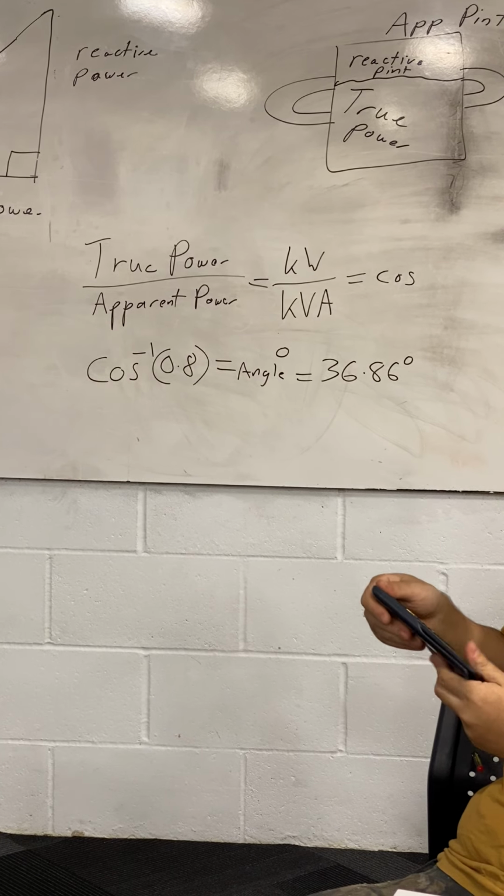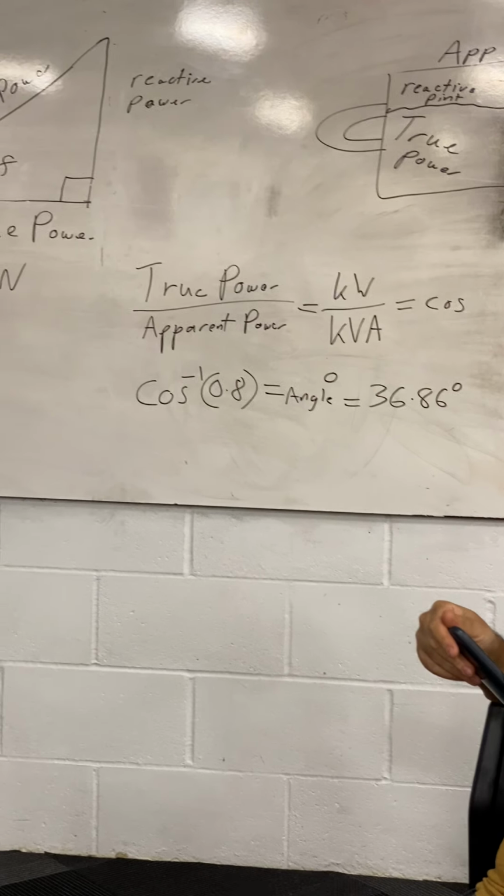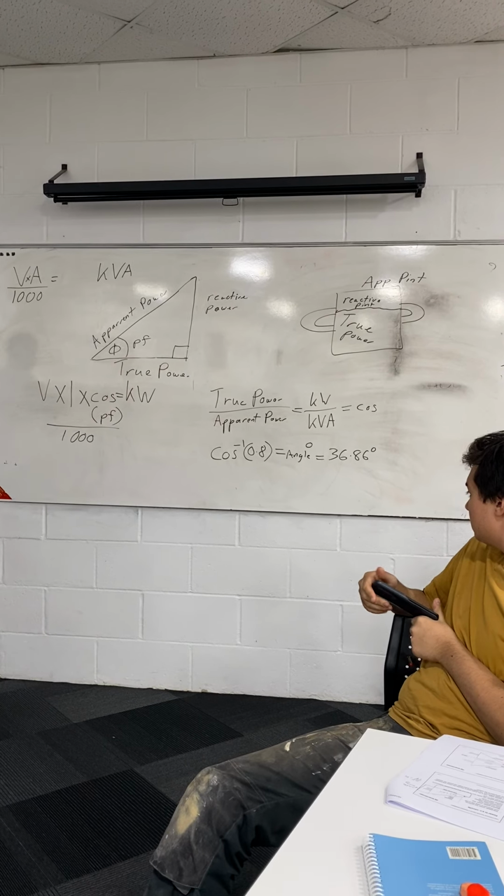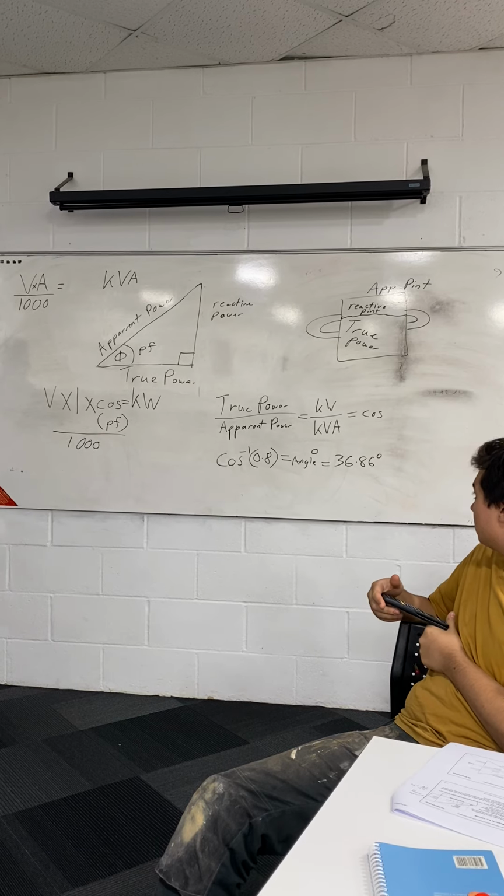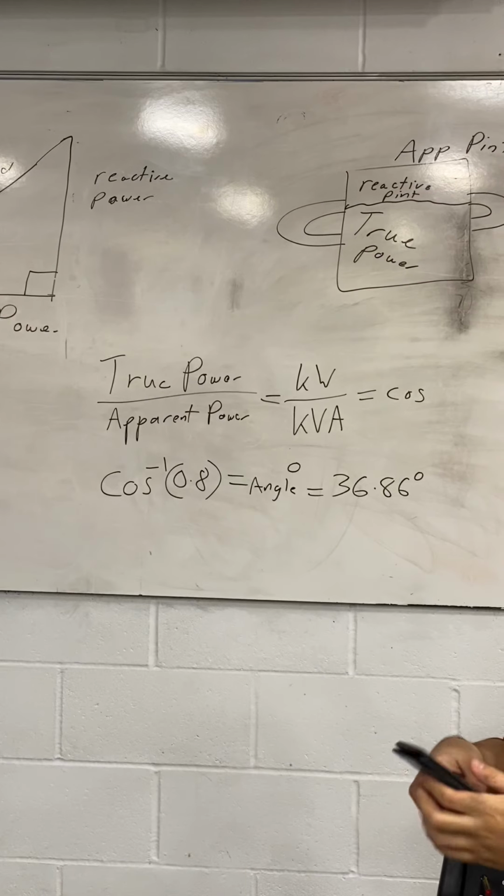You got 36? That's correct. 36 is correct. Okay, so shift cos. You got 36, did you say? Yeah, that's correct. 36.86, which is exactly the same.